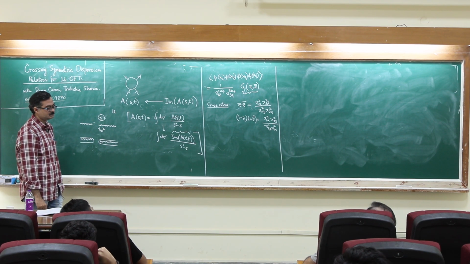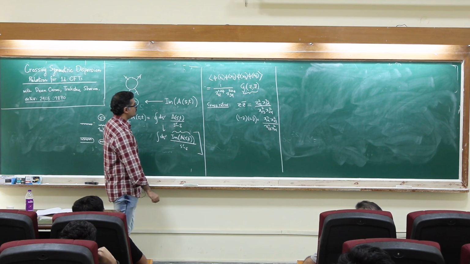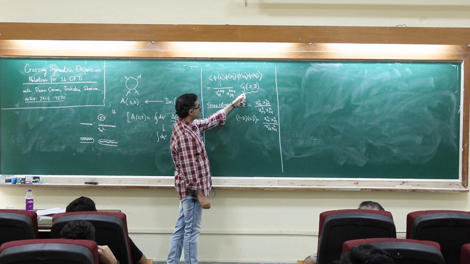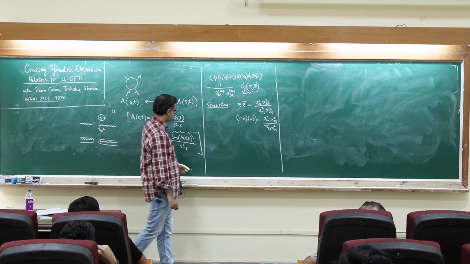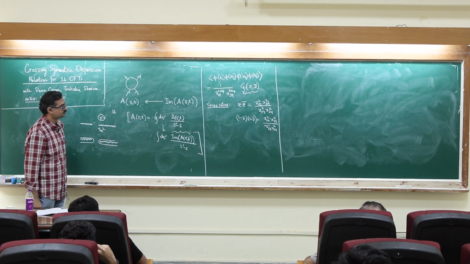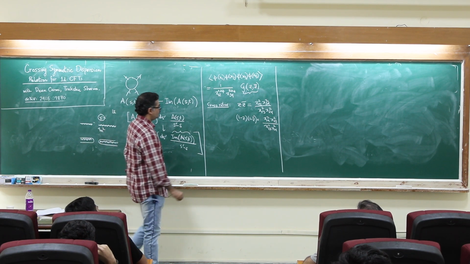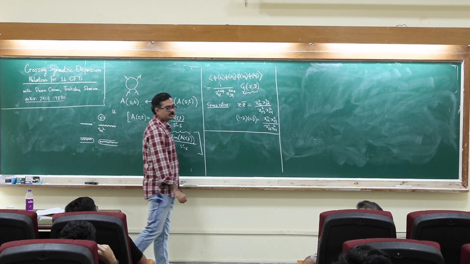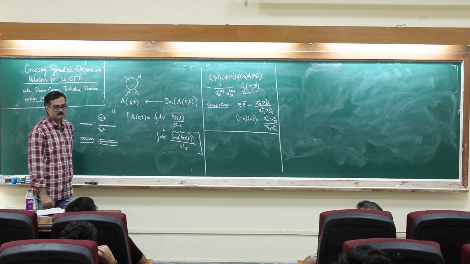It has nice positivity properties and so on. So we want to write down a dispersion relation where the input is some kind of an imaginary part which also enjoys nice positivity properties. And what that object should be has been understood in recent years.